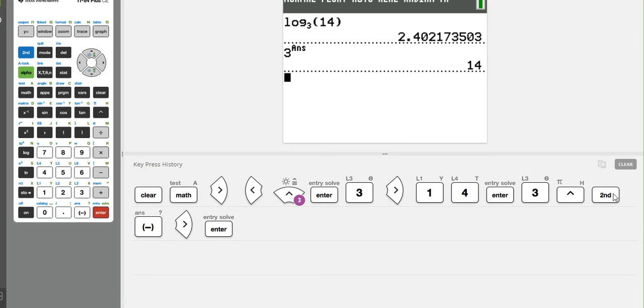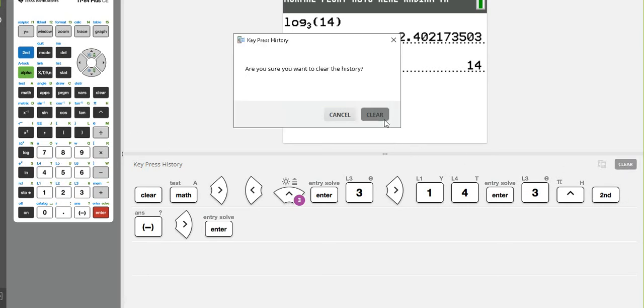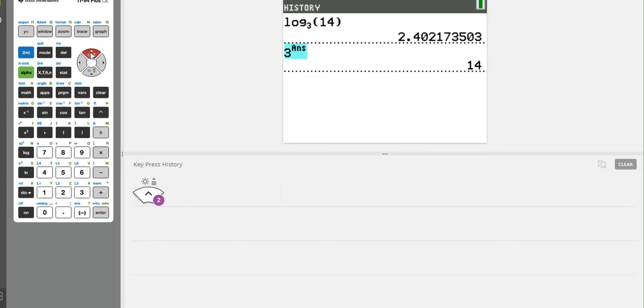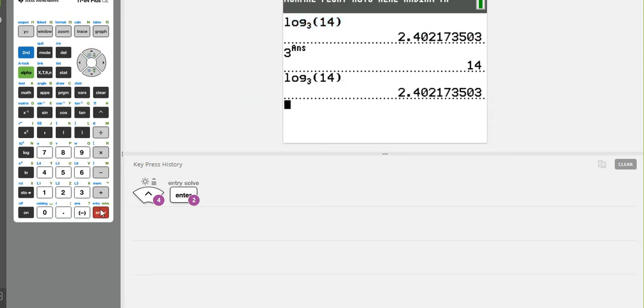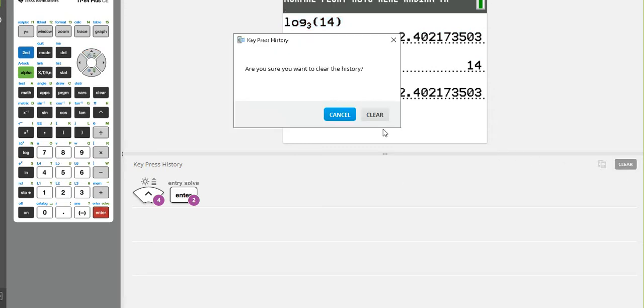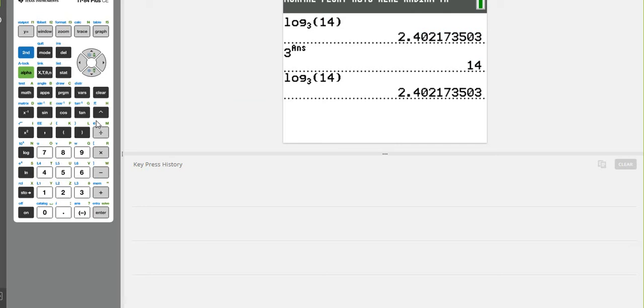So once again, let me clear this out here. Let me go back up here. Type that one in. And I'll do 3 raised to the power of answer. And you can see the keys that I'm pressing on the bottom row here, my key history.